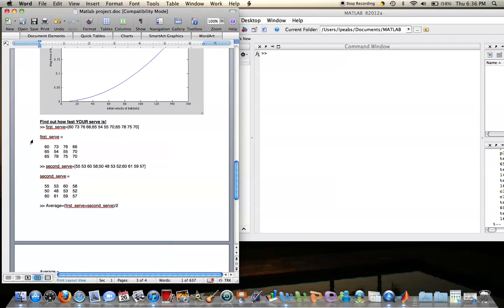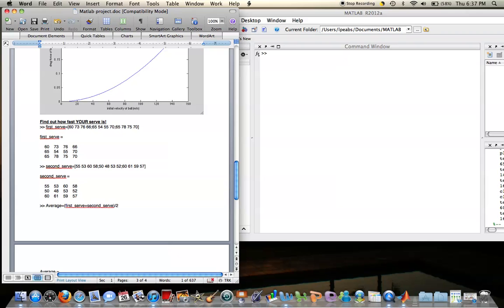And this is kind of a fun part of my project. I made arrays in a way that could be very useful in your game of tennis to calculate how fast your average serve is, because that's something that tennis players are pretty competitive about, like how fast your serve is, can you serve it faster? Because if you have a fast serve, then chances are your opponent won't even be able to return it.